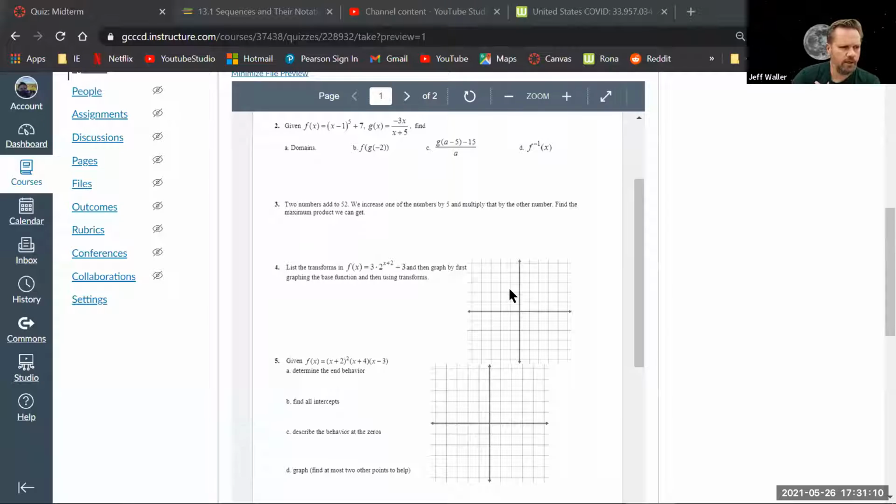So, all right. Somebody's asked me a question about this problem. This is not the same problem everybody had on the midterm. I want you to list the transforms and then graph by first graphing the base function. I don't say a word about making a table. I don't want to see a table. In fact, I was very explicit that I definitely do not want to see a table.